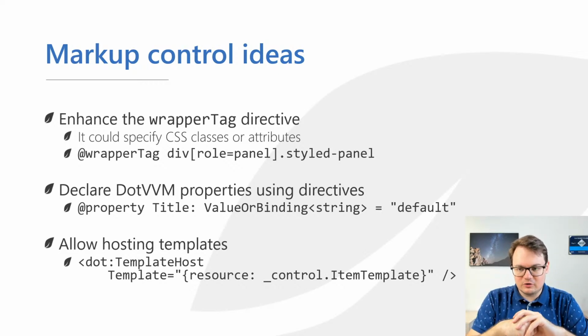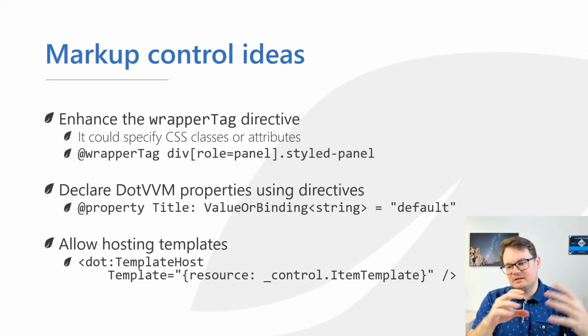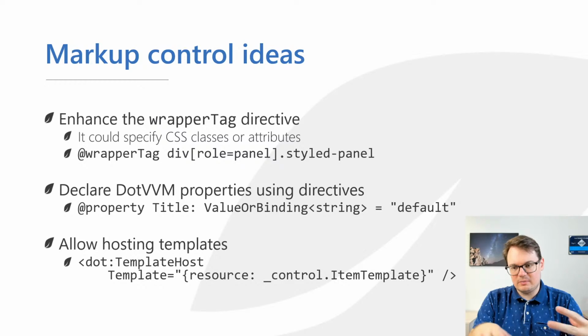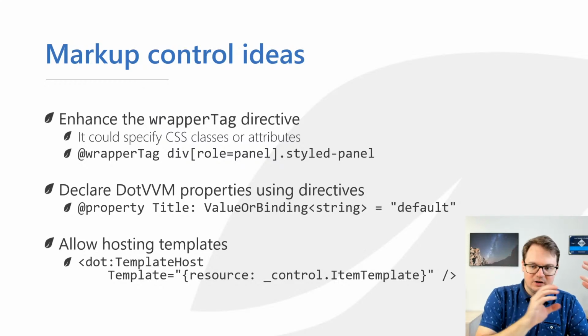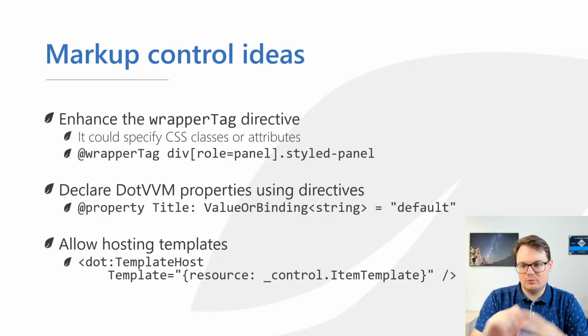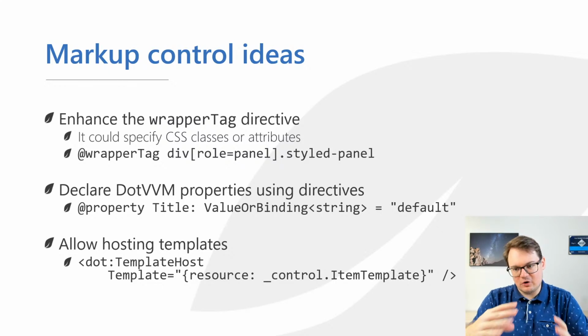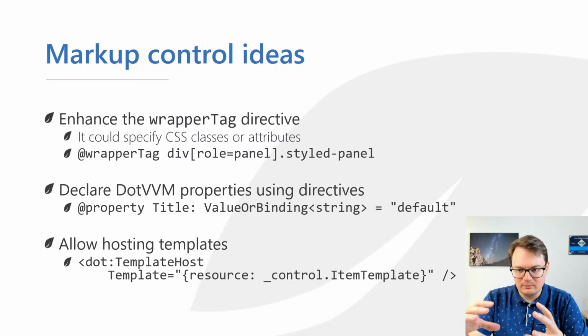However, there are also some internal issues we have right now with passing templates inside markup controls, because there is a lot of things that DotVVM needs to do internally to make sure the template will work in a different scope, in a different markup file.